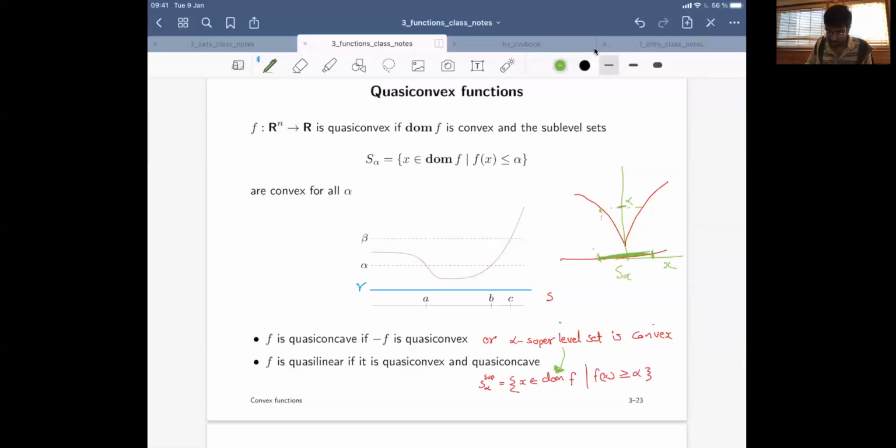So for a function to be quasi-convex, first we consider alpha sublevel set, okay? Then that set has to be convex for all alpha. For example, here we have this function, okay? Let's take a point beta here. So what will be the beta sublevel set here?